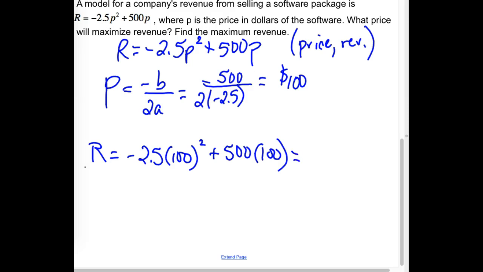What do we end up with? $25,000? Okay. I heard 2,500, but missing a zero there. Okay. So to answer the question, our best option is to sell the software for $100. If we do that, we will have a maximum revenue of $25,000.